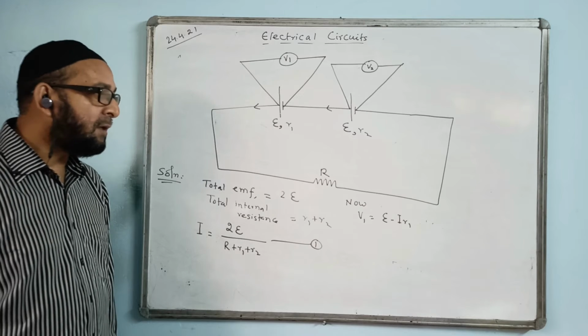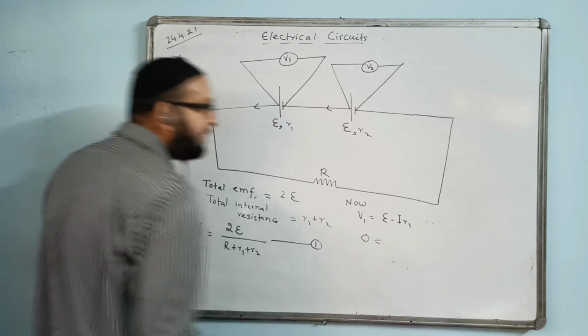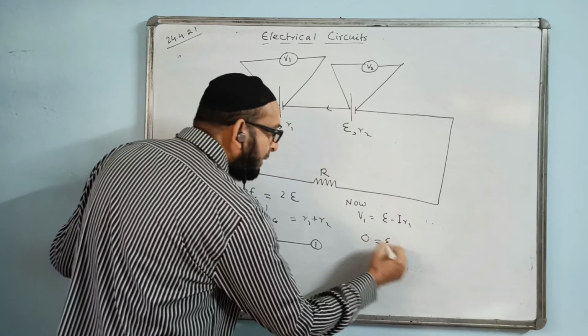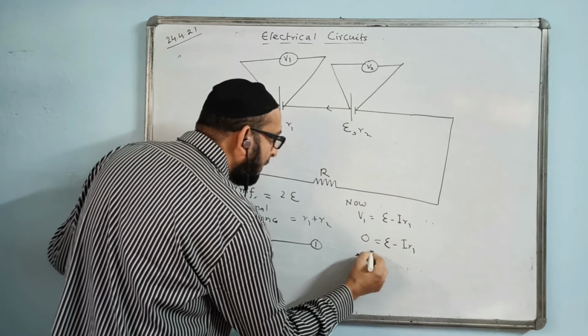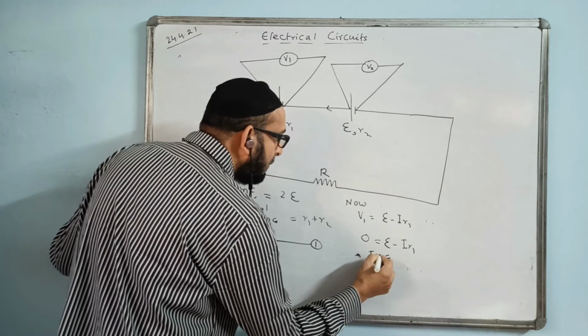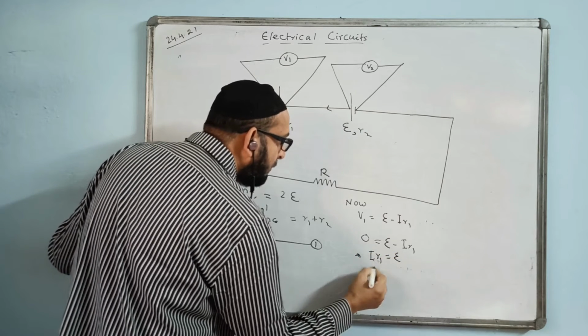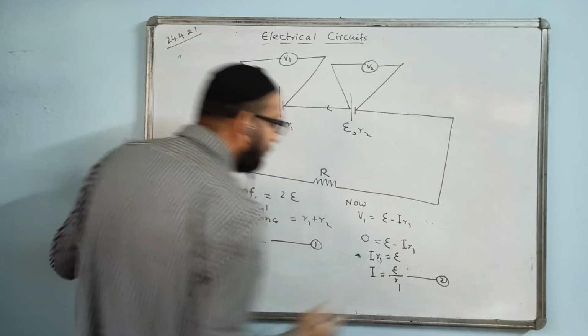I put the value of V1 as 0 because V1 reads 0. That is, 0 equals E minus I R1. Therefore, I R1 is equal to E, so the I value will become E upon R1. Mark this as equation number 2.